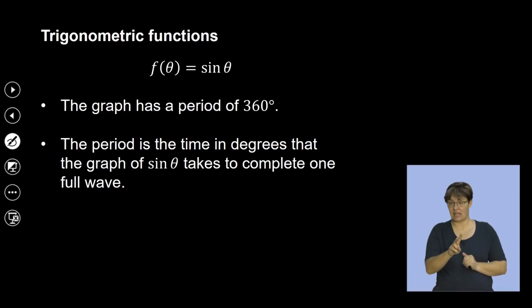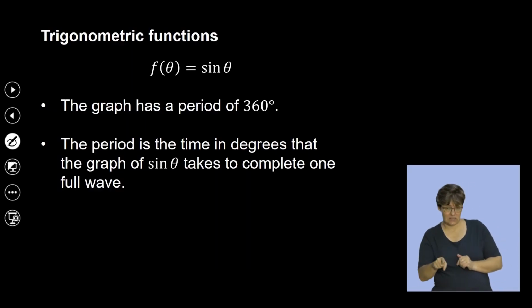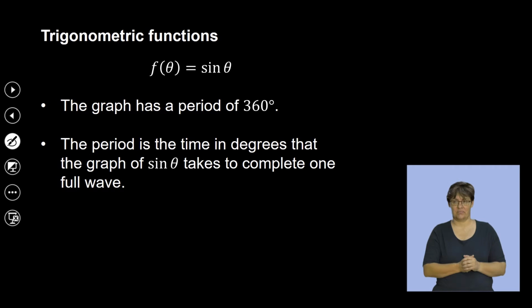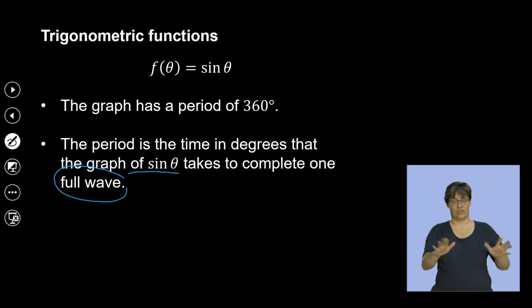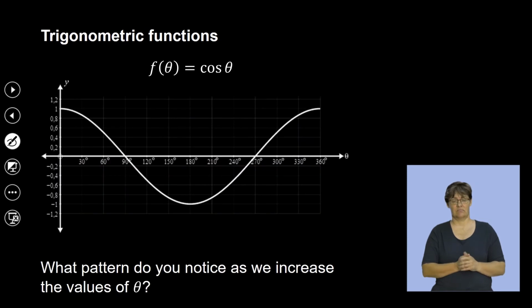And you will see that the period of sine and cos is normally the same. So the graph of this, the period is the time in degrees that this graph takes to complete one full wave or one full rotation. Now with the graph of cos, it's a different story. It's no longer starting at the origin.